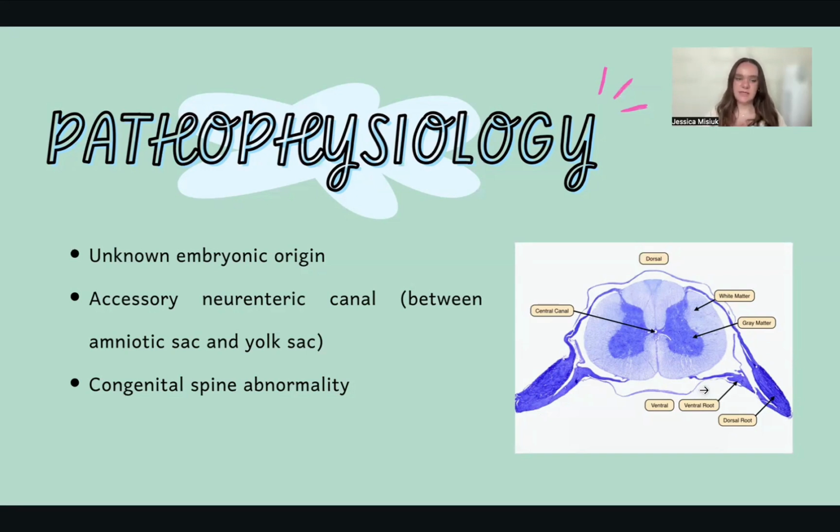And again, it is a congenital spinal abnormality, so it doesn't present anywhere else in the body. Although it is most common in the lumbar and sacral region, it can present in the thoracic region.